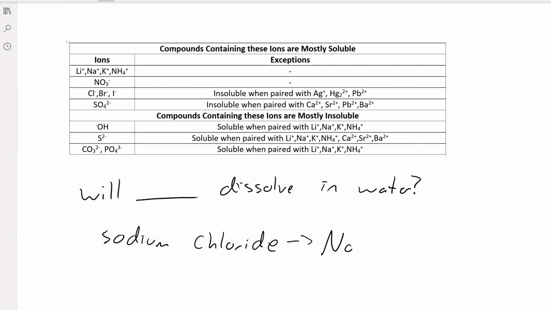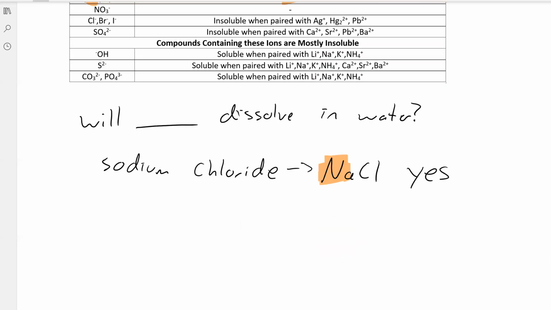So sodium chloride would be NaCl. And then you just want to find your components. So we have Na+ right there. And notice that it's in the mostly soluble side, and there are no exceptions. So for the vast majority of sodium salts, they are soluble. So the answer here is yes, sodium chloride will dissolve, which I hope you know because that's just table salt.